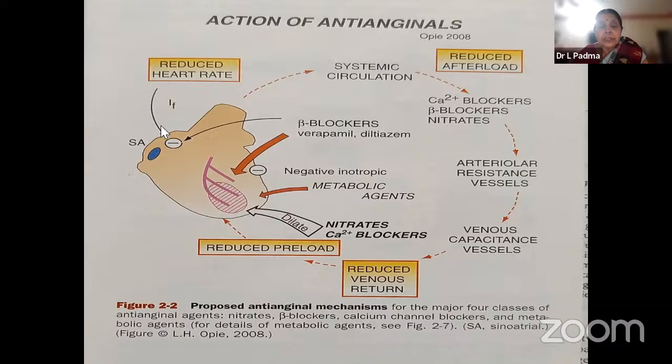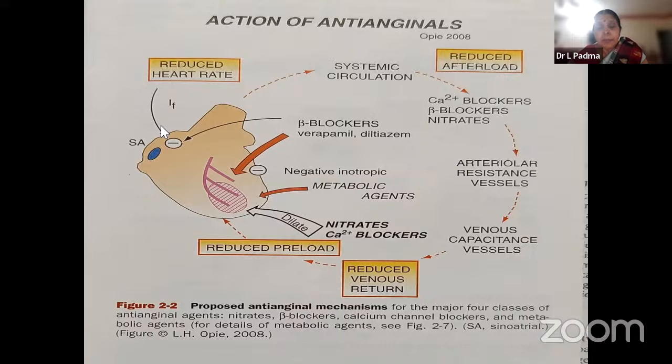So now in total, the actions of anti-anginals. You see nitrates and calcium channel blockers, how they dilate by reducing preload and afterload, reducing venous return and afterload. Okay, and beta 1 acting through the SA node, funny channel currents. Then metabolic agents, that is nicorandil, then we have trimetazidine, then ranolazine and ivabradine.